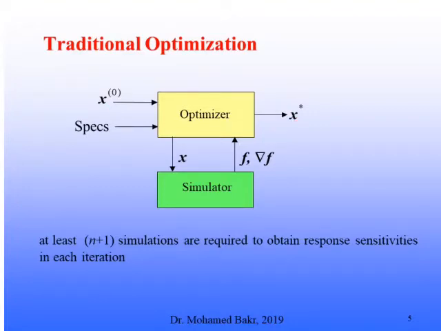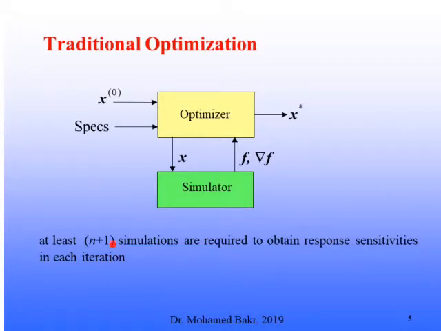The problem is that gradient-based optimization requires sensitivities, requires derivatives, and will also require the gradient of the response. And the gradient of the response, as you have seen in my optimization course or other courses, would require using finite differences to estimate the sensitivities. The cheapest finite difference approach is the forward finite difference or backward finite difference, and this will require n extra simulations.